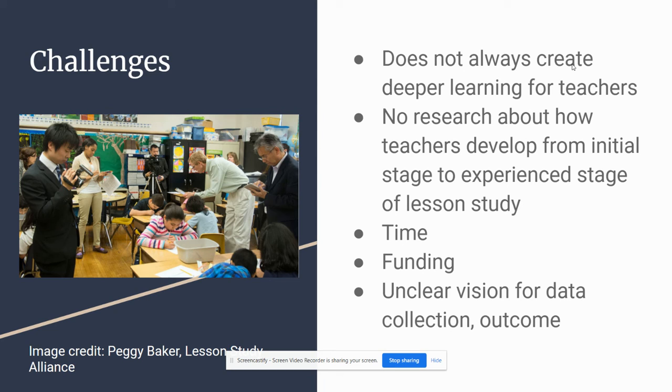Plus, there may be unclear vision for the data collection. If the goal is not specific enough, the collection of the data may not be specific enough. Therefore, the growth goal might not seem to be met just because the data that was collected was not the correct kind of data.